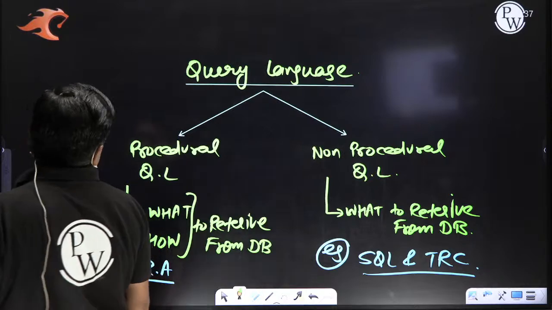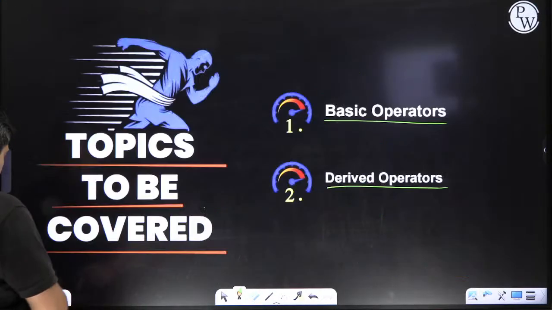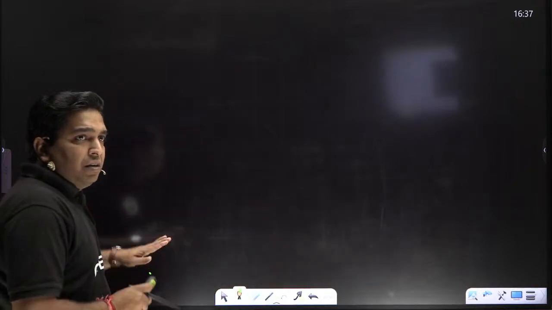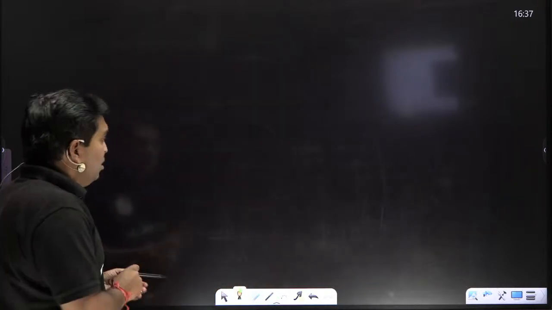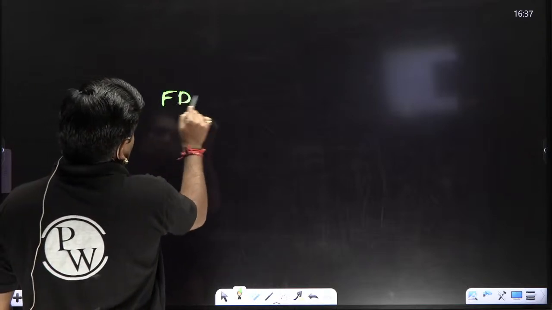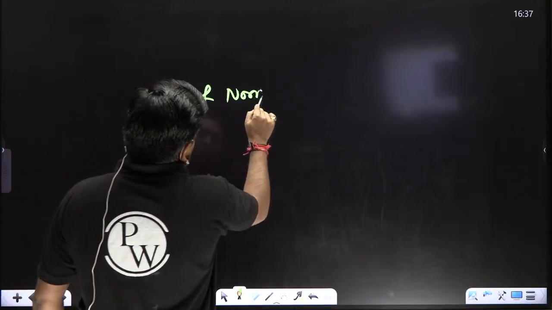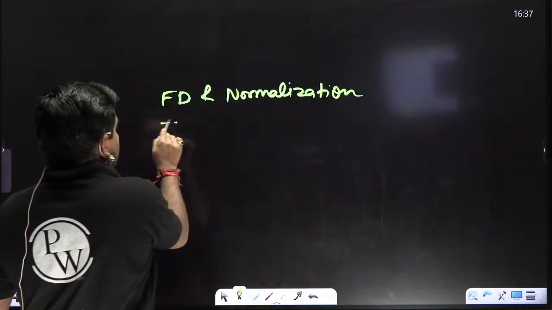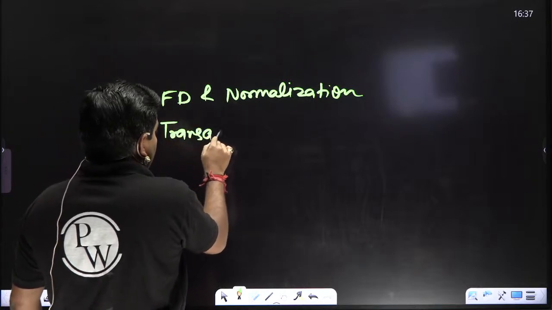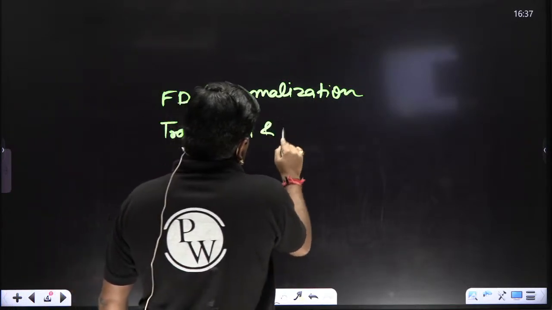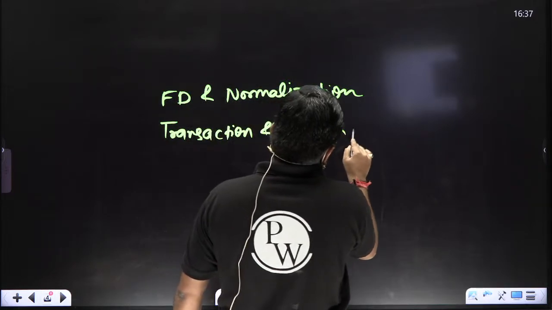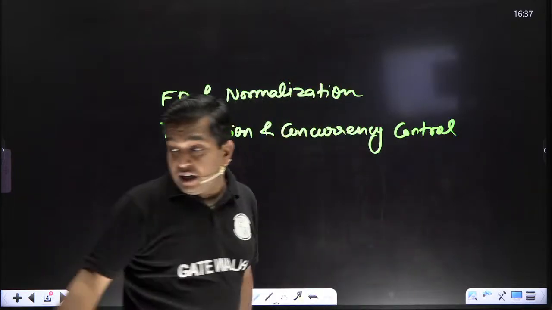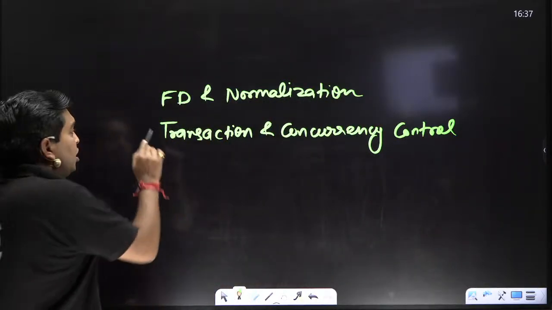Look, children, again I am going to start my today's class topic. What we have done, again I summarize, my dear. We discussed FD and normal form, complete chapter. Second, we discussed transaction and concurrency control. And third point, what we have done, my dear?